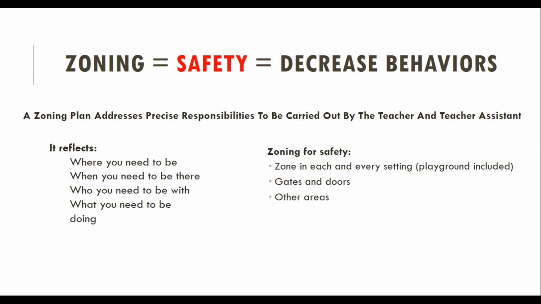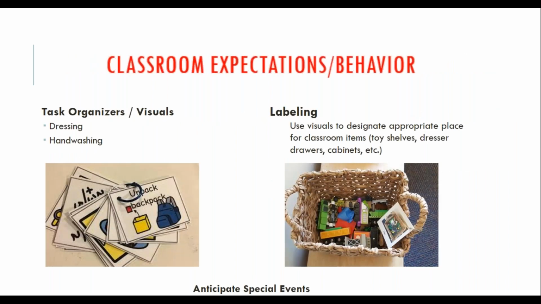Like I said in the beginning, it's okay for them to be upset or angry or mad at each other because of a toy or things like that, but you don't want it to escalate to the point of hitting or a child throwing themselves on the floor in a tantrum. With your classroom expectations, sometimes you may have task organizers or visuals for one child, which is why your daily schedule is so important.